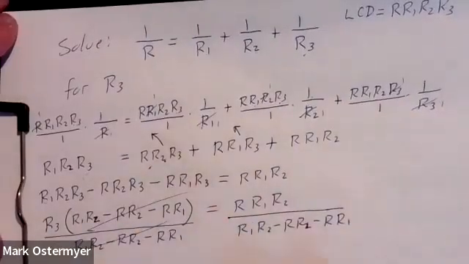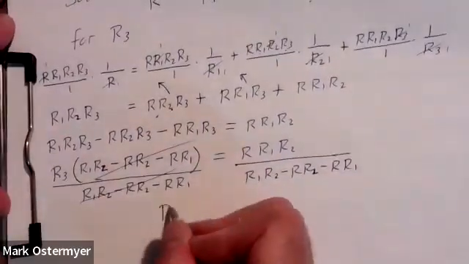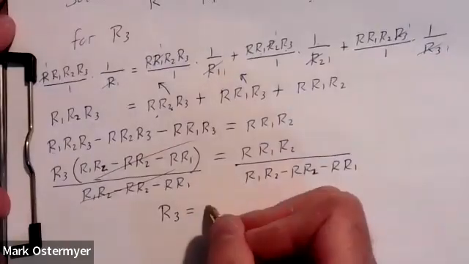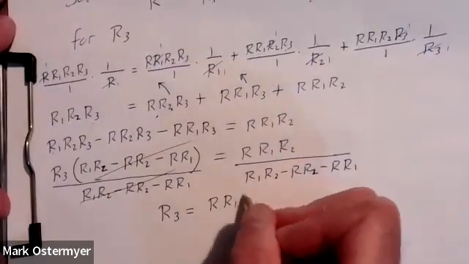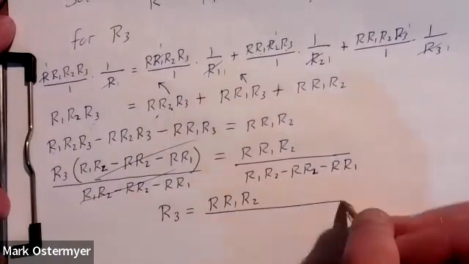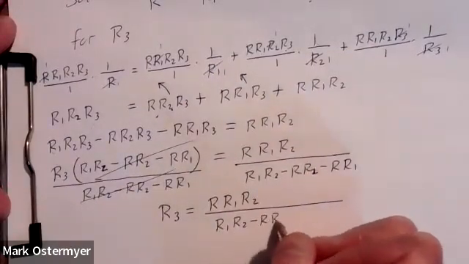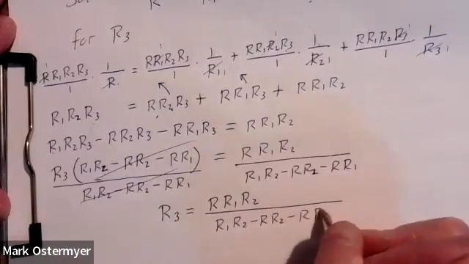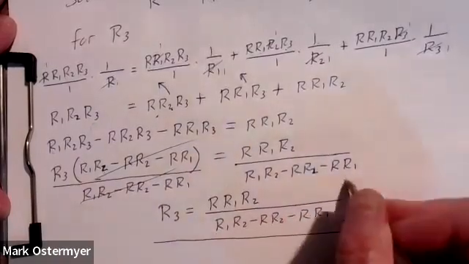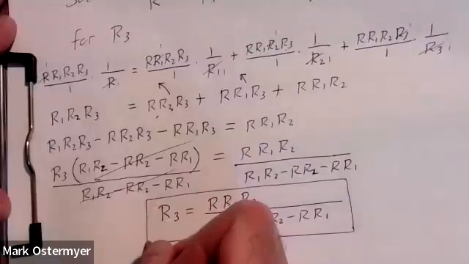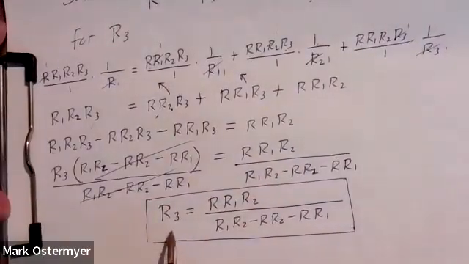This all drops. And therefore, we're left with R3 is equal to R times R1 times R2, and it's all divided by R1 times R2 minus R times R2 minus R times R1. And there you go, ladies and gentlemen. We have solved this formula for the variable or the resistance R3.